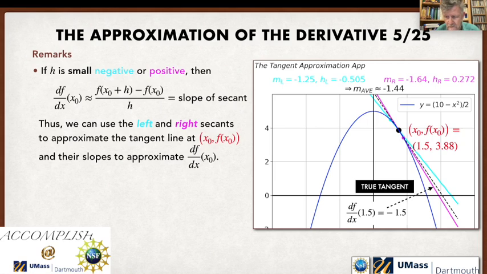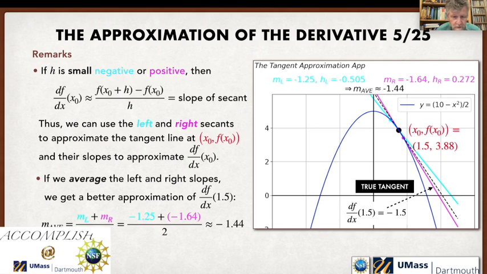In fact, the slope of the true tangent is minus 1.5, and you can see that by just actually differentiating the quadratic and substituting in 1.5. So here I'm showing you the arithmetic that I used to calculate the average, and we can see that the average is actually a much better approximation than either the left slope or the right slope.